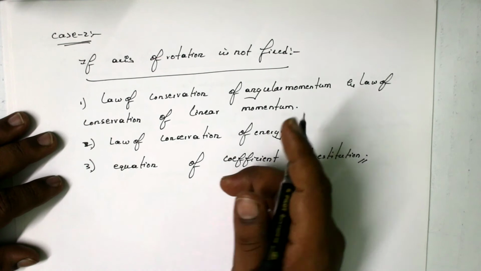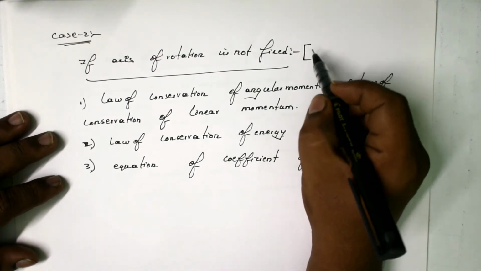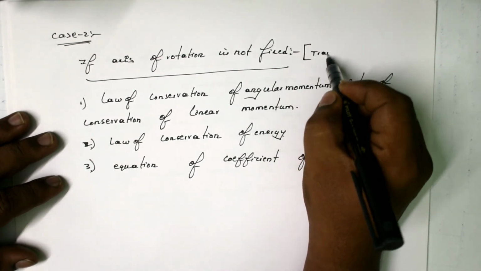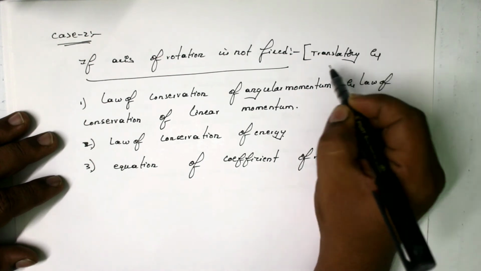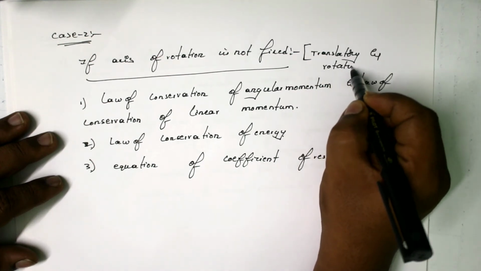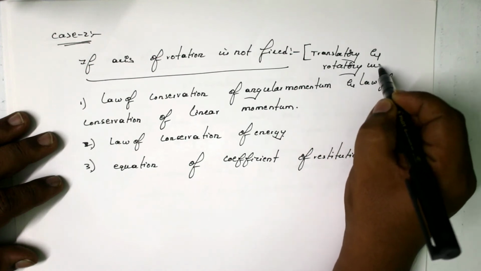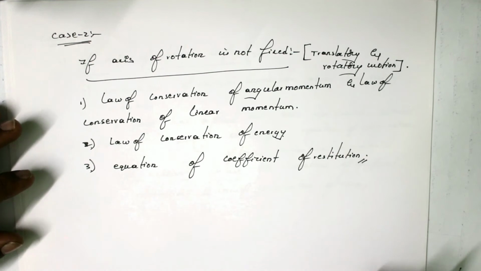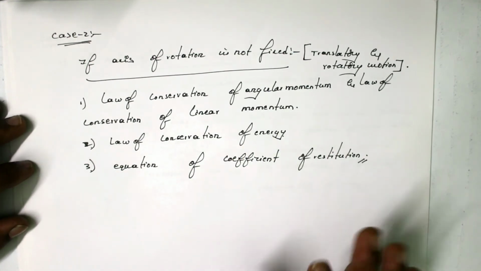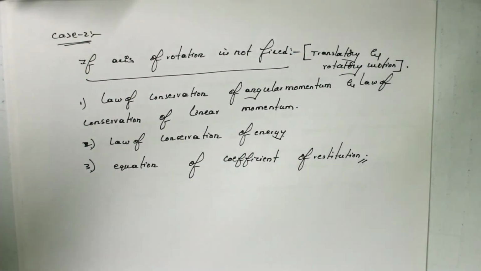The axis of rotation is not fixed in the sense that the body can undergo translatory as well as rotatory motions. So let us try to understand some concepts, some problems based on this discussion.